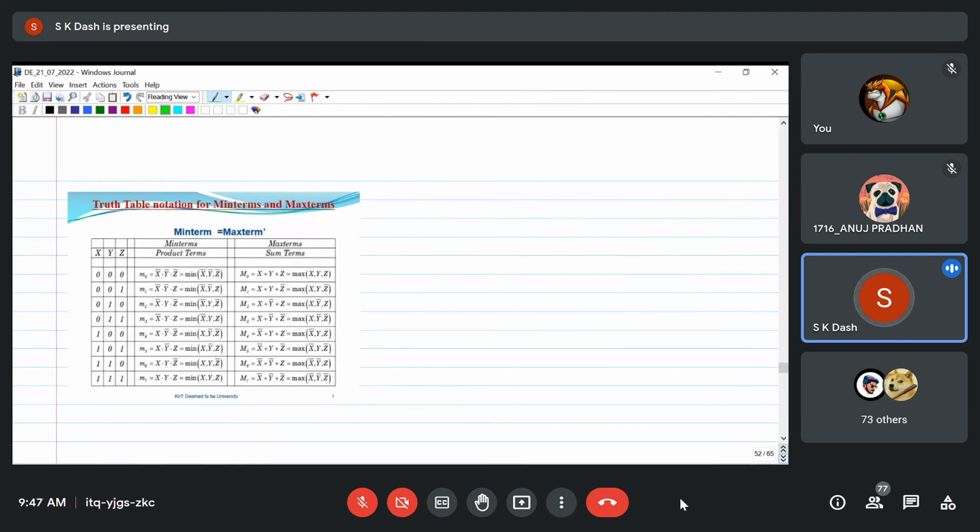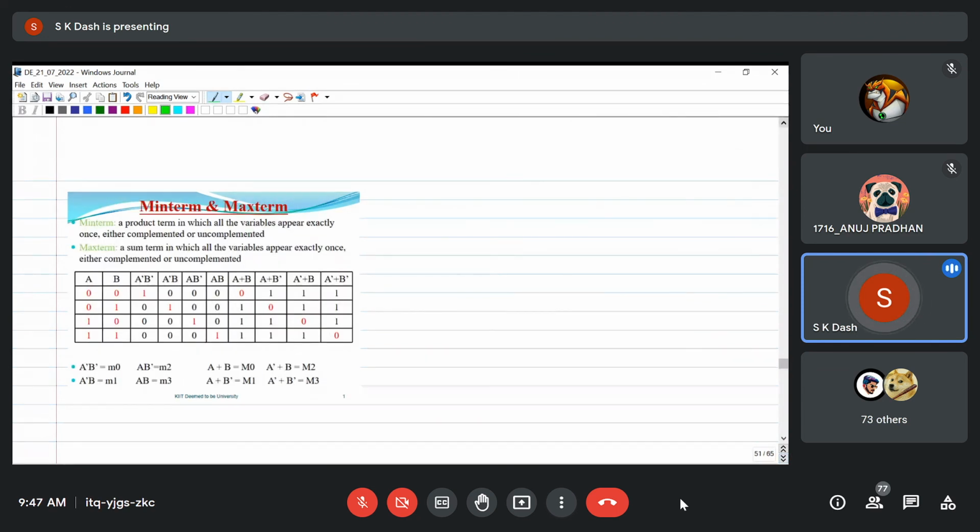Okay. Next one. So SOP and POS, standard SOP, standard POS are very important. Very important. Now, what is the advantage of this? Suppose I tell you to find the expression for this.